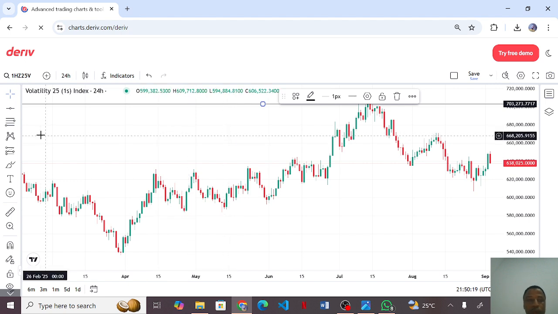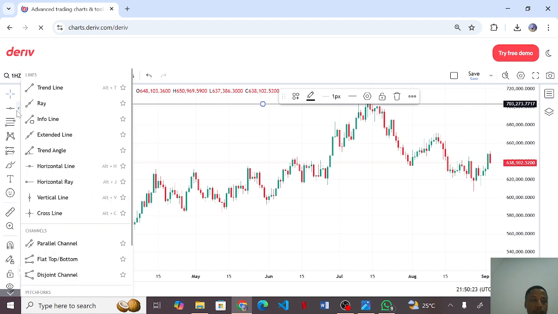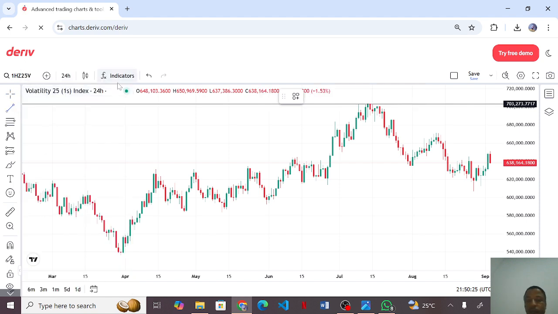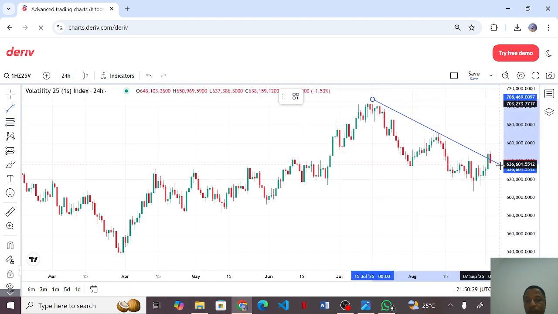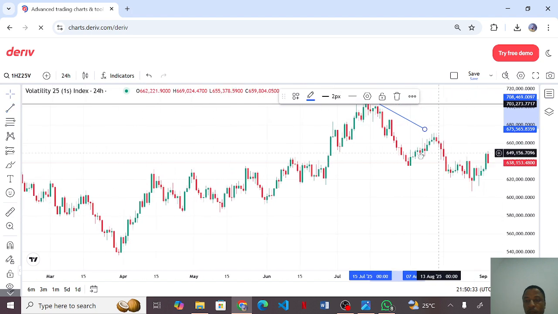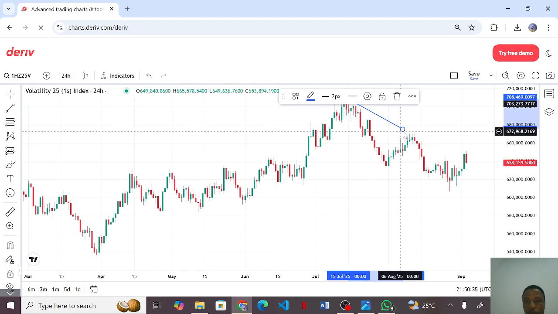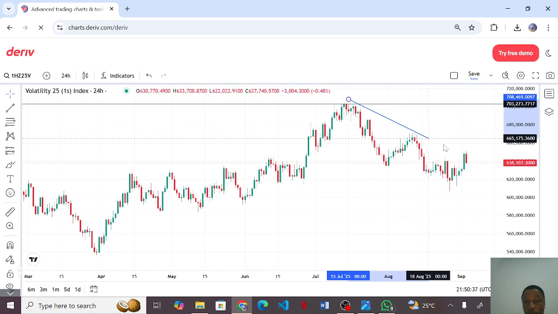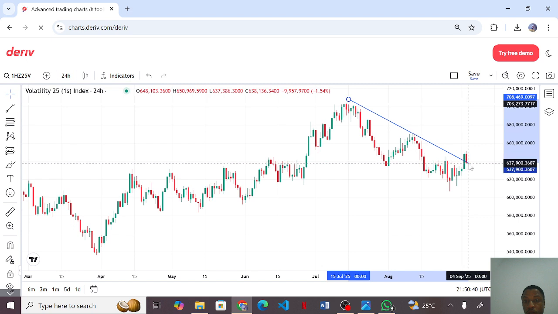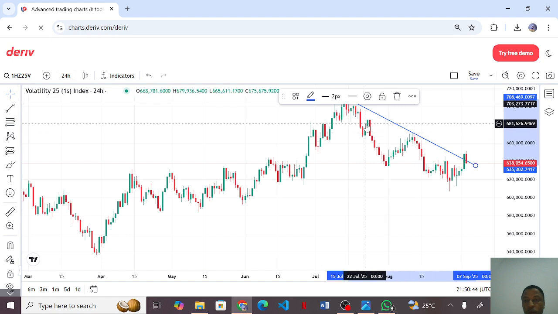The next thing, I'm going to get my trend line. I'm going to take my trend line from this part down. Okay, so at the very least, your trend line should cut across two edges, or two reversal points.